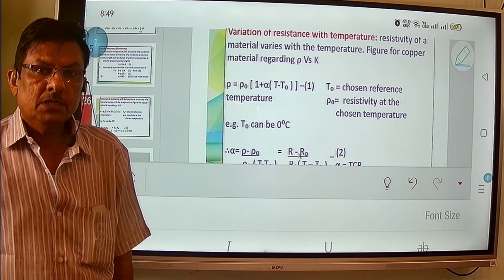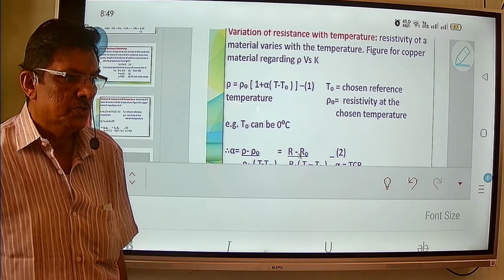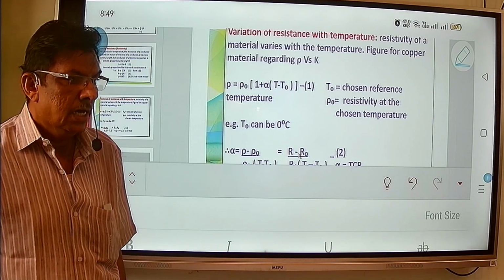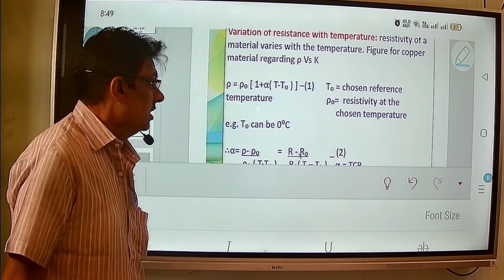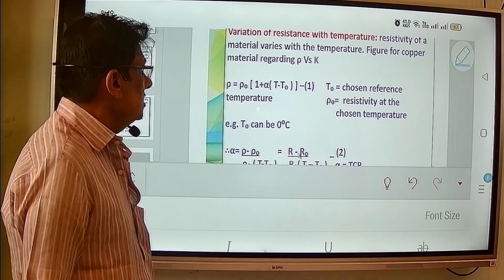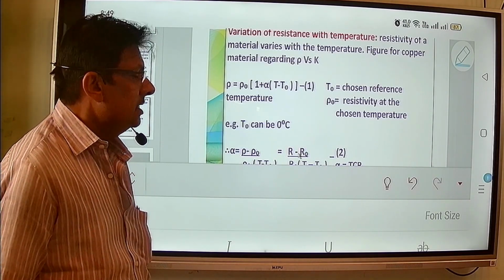It should not burn away, its property should not get disturbed. So here now we are seeing that resistivity of the material varies with the temperature.